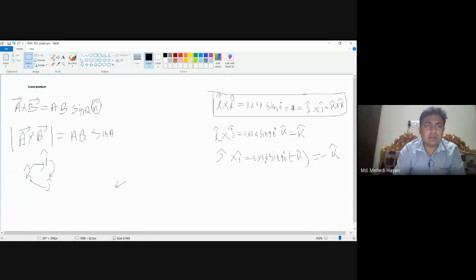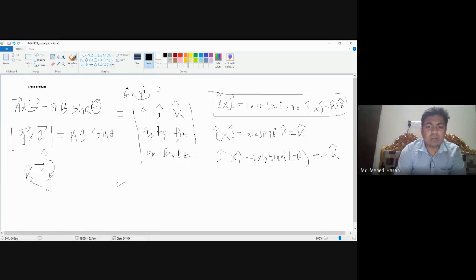In case of a cross b, you have to follow the matrix rule. A cross b equals the determinant with i, j, k in the first row, then the coefficients ax, ay, az, and bx, by, bz.